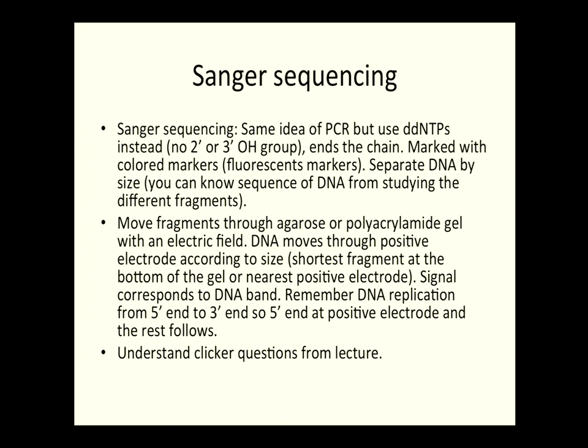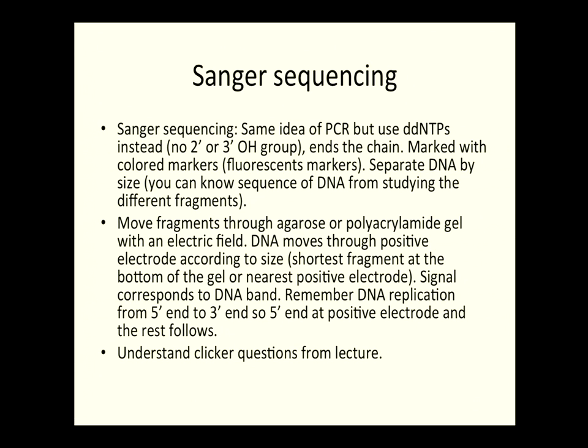All right, Sanger sequencing. It works on the same idea as PCR, but instead of just regular dNTPs, Sanger sequencing also uses ddNTPs. Now, ddNTPs are special because you don't have the 3' hydroxyl group, which you have in dNTPs.